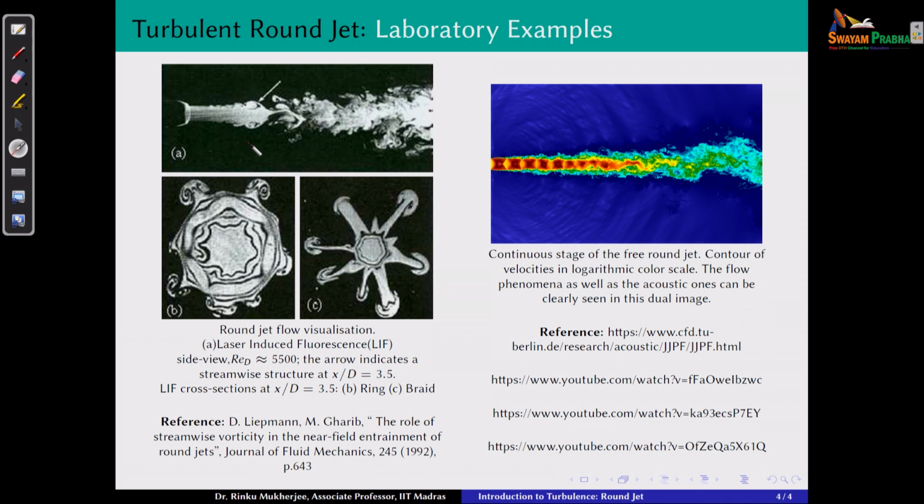Okay, so again, laser-induced fluorescence of cross sections. So if you see, this is the kind of stuff that you get to see. Okay, on this side they call it a ring, and this side they call it a braid. Well, if you look at this, what I am looking at personally is these pairs of vortices. They seem to be pairs of vortices, right?